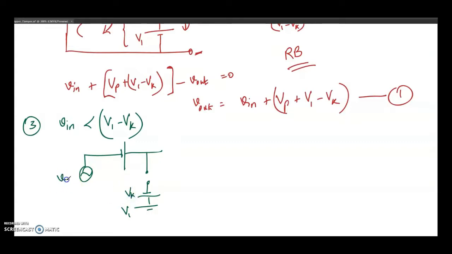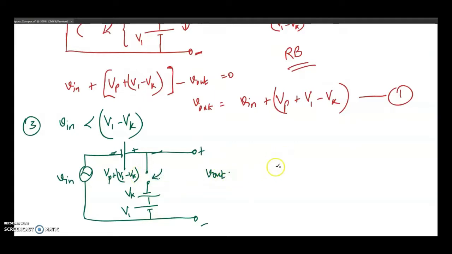As you can see, this is Vin, and finally you have Vout here, plus minus. Here it is minus plus. And the voltage across the capacitor is Vp plus V1 minus Vk. This is Vout.